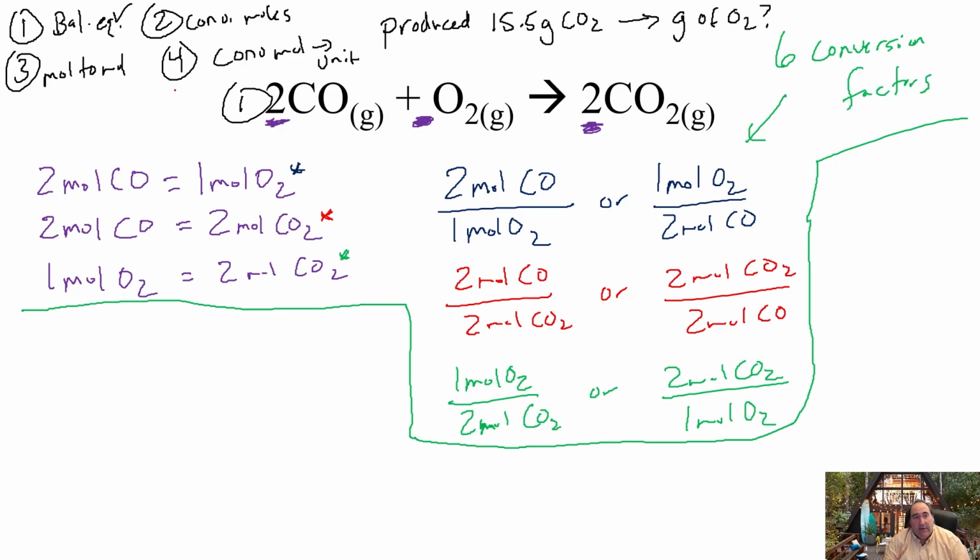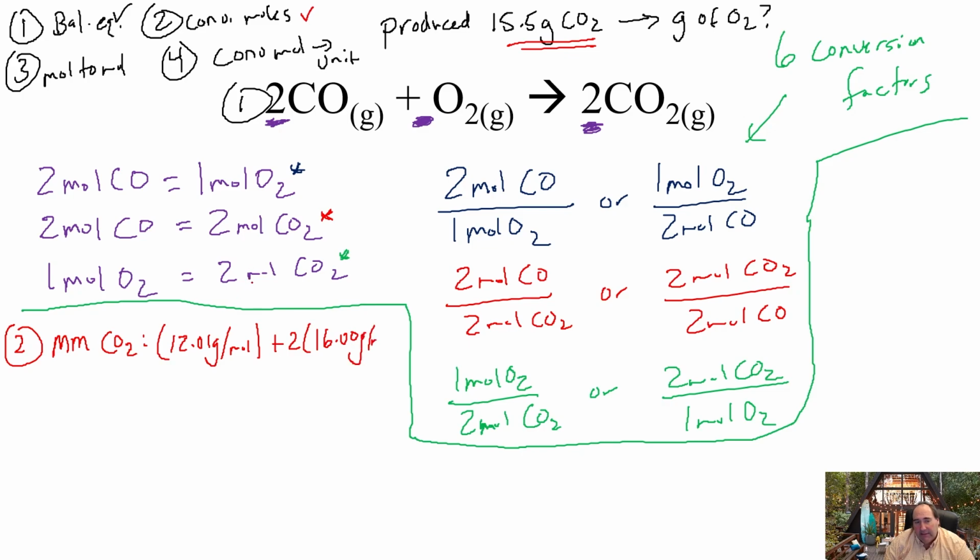Now, the next thing I want to do is convert whatever they gave me to moles. In this particular problem, I am given 15.5 grams of CO2, and I need to take it to moles. To do that, I need the molar mass of CO2. Once again, we go to the periodic table. Carbon is 12.01 grams per mole, and oxygen is 16, and there are 2 of them.